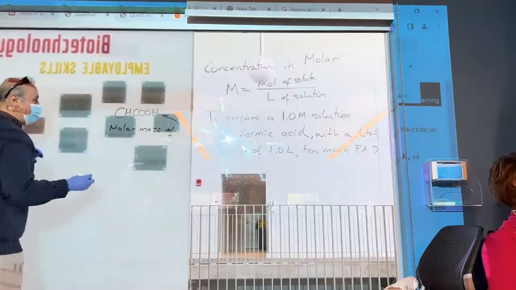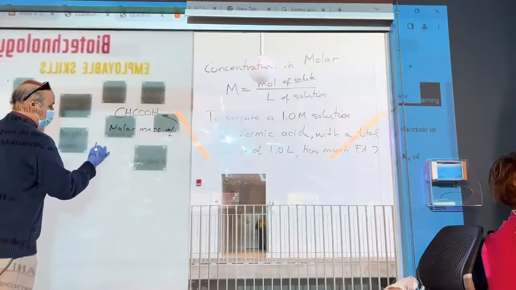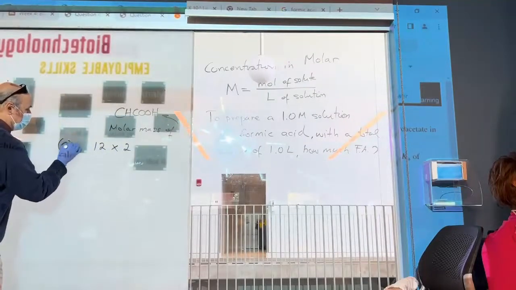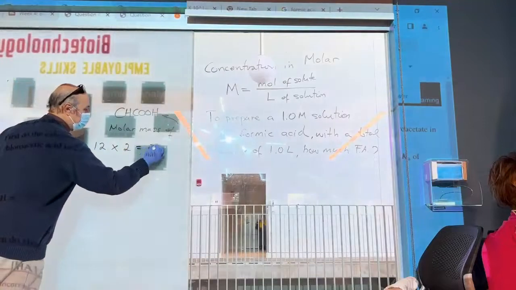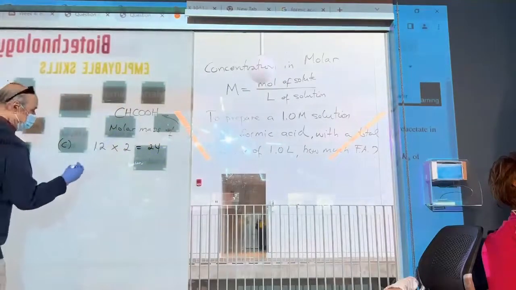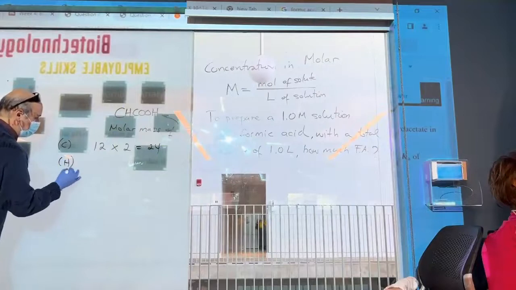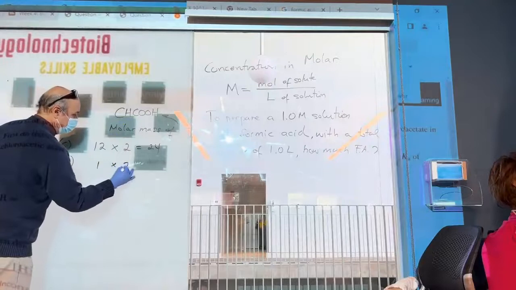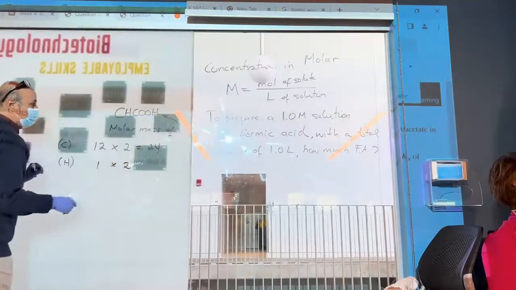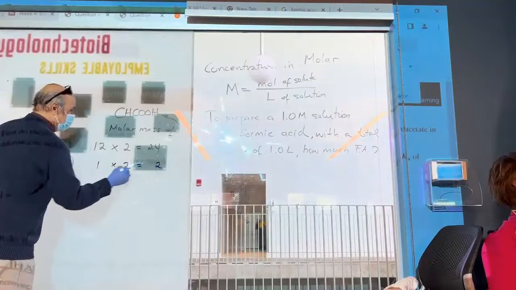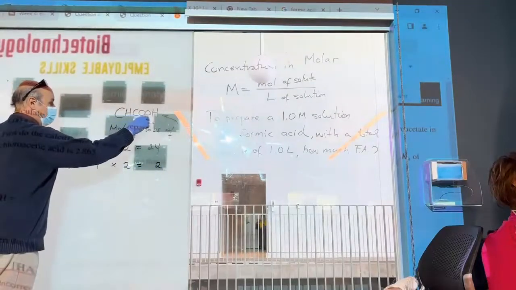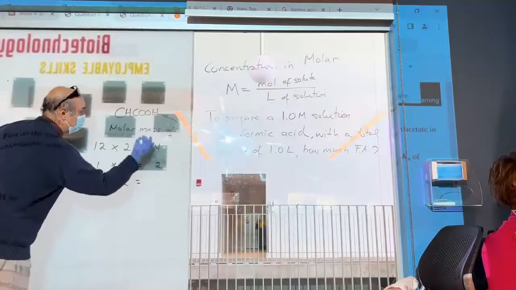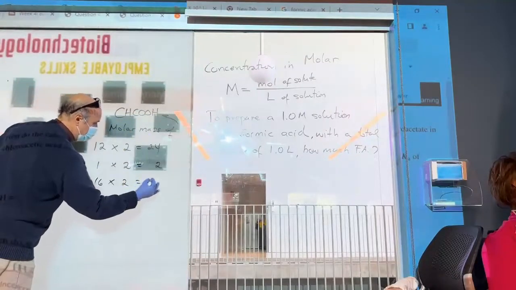So, if that is the case, the molar mass of that is gonna be 12 times 1 because of the carbon, plus 1 times 2 because of the hydrogen, so I have 2 hydrogens, and 16 times 2 because of the oxygens.